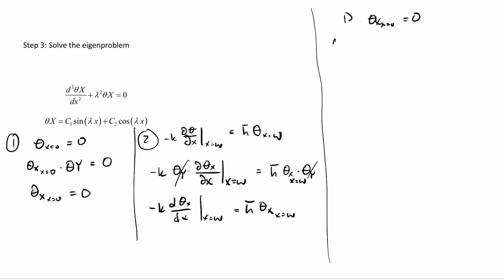Theta x at x equals 0 is equal to c1 sine of lambda times 0, since x equals 0, plus c2 times cosine of lambda times 0. And that all has to equal 0. This evaluates to 1, this evaluates to 0. So we're saying here c2 is equal to 0.